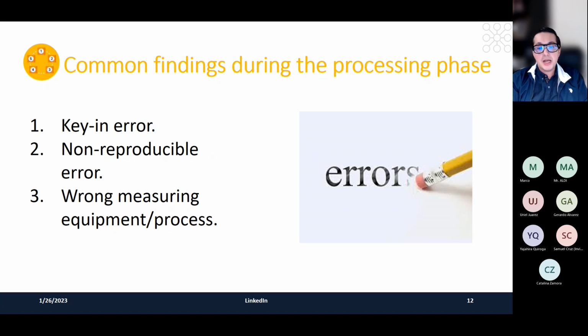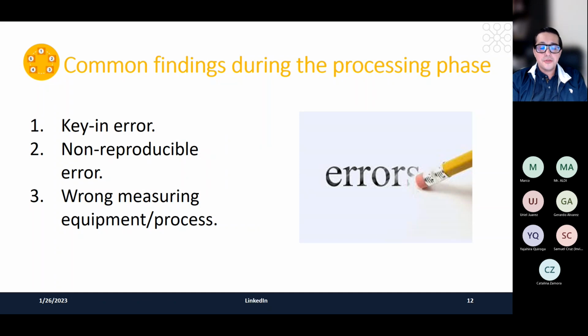But we have to ask ourselves, is this data point part of the process? Can I reproduce it or not? If you can reproduce it and you can set controls in place, you can take it out. But if you can't, you have to leave it in.